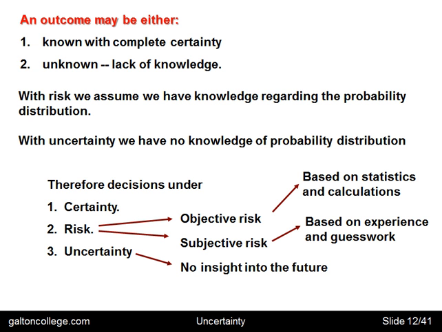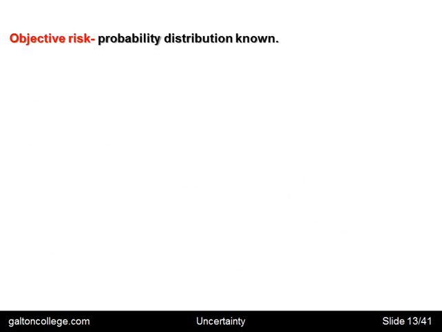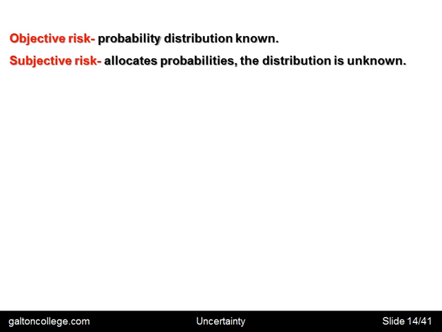Now let's go back over these types of risk. We have objective, subjective distinctions. Well, let's look at the objective one. Here the probability distribution is known, and with subjective we allocate the probabilities. The distribution itself is unknown. So with objective probability it's worked out using statistics.